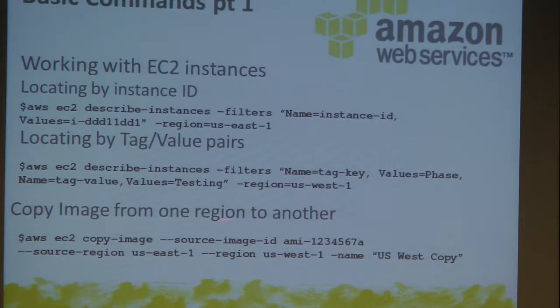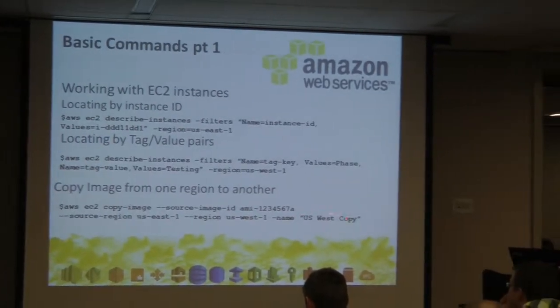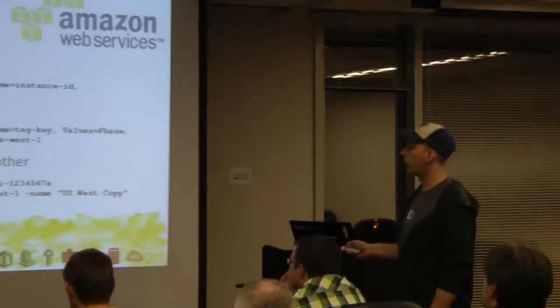If you want to copy an image from one region to another, you've created an AMI that you're happy with, and now you need to take that from the east over to west 2 so that you have some auto scaling or just some backup resiliency, you can do that quickly from the CLI by just using ec2 copy-image. Then you tell it your source image ID, the AMI, and then your source region, and then the region that you're copying to, and then the name that you're going to use for it.